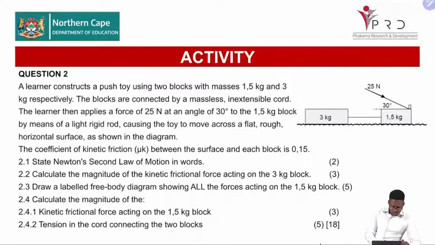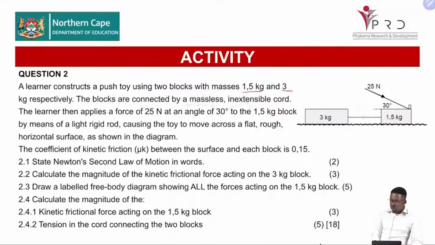Question 2. A learner constructs a push toy using 2 blocks with masses 1,5 kg and 3 kg respectively. You can see 1,5 and 3 kg. The blocks are connected by a massless inextensible cord.